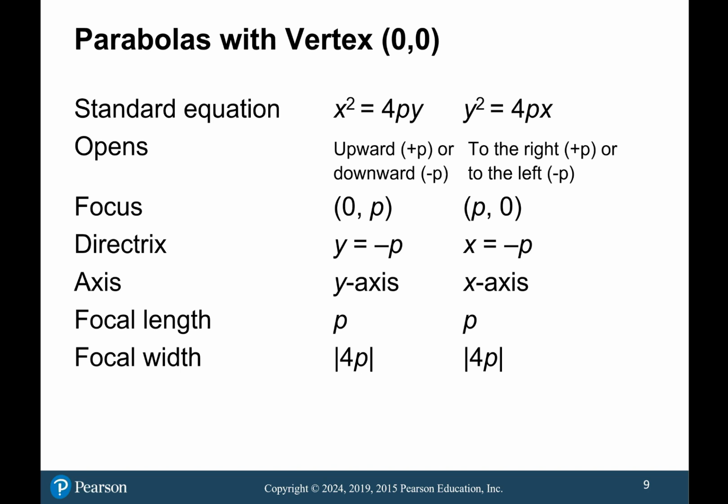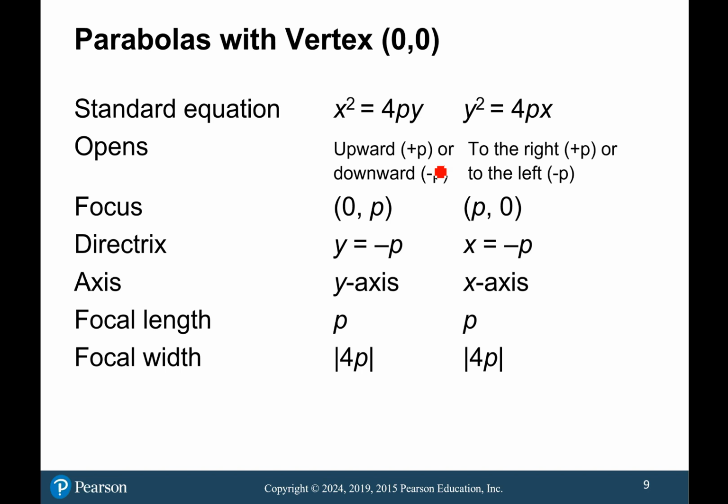So again, if we're just going to try and keep it simple here to start with, if we put the vertex of the parabola at 0, 0 at the origin, we can have y equals x squared, 4y equals x squared, 16y equals x squared. If that value for p is positive, it's going to open up.